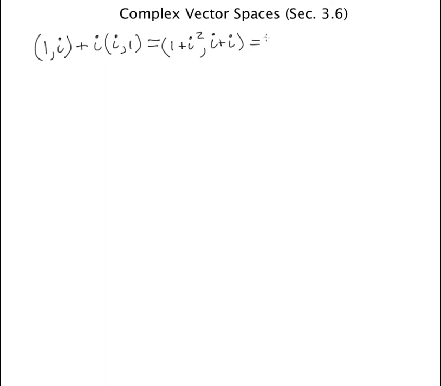And so by the usual rules, i squared is minus 1, so that's 0, 2i. And another example would be, well, we'll do more examples as we go along. So all of the basic stuff of vector spaces is very similar until you get to norms and inner products.